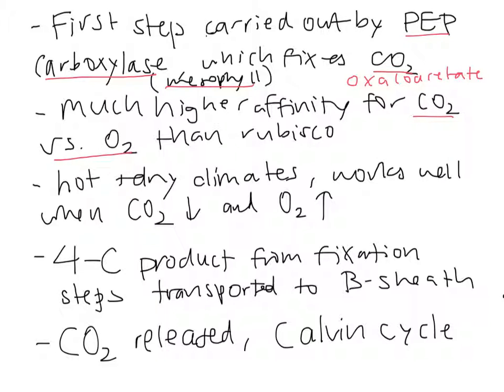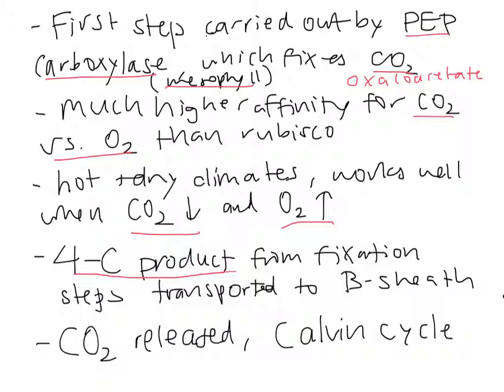So it's much more beneficial for the cell to use this enzyme. And as I stated earlier, it works well when the carbon dioxide levels are low and the oxygen levels are high. So after a couple of steps, oxaloacetate is converted to malate.